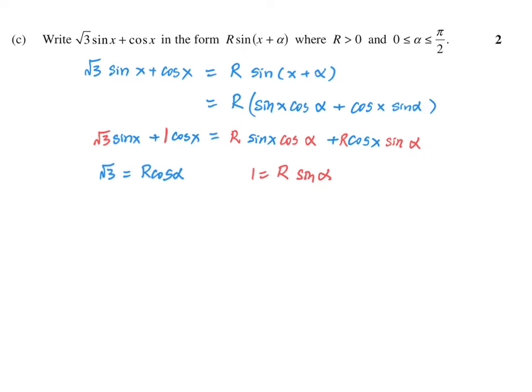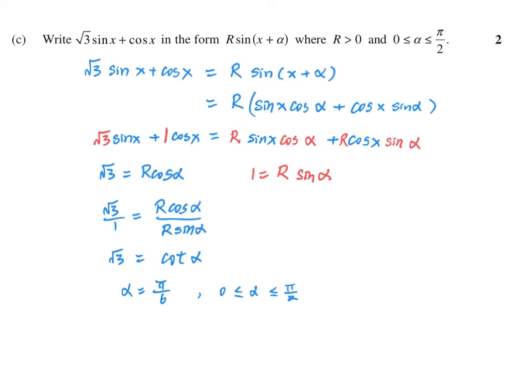Now, our problem is what are the values of R and alpha? We have two equations and two unknowns. To solve for alpha and R, let's divide these two equations. Root 3 over 1 equals R cosine alpha over R sine alpha. On the left-hand side, we only have root 3.